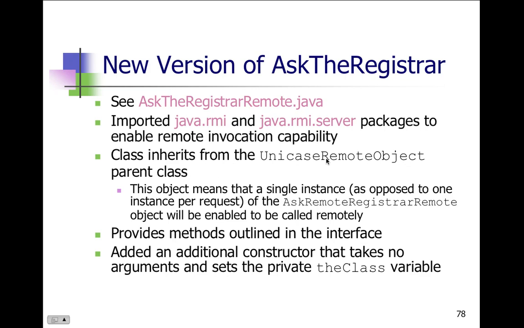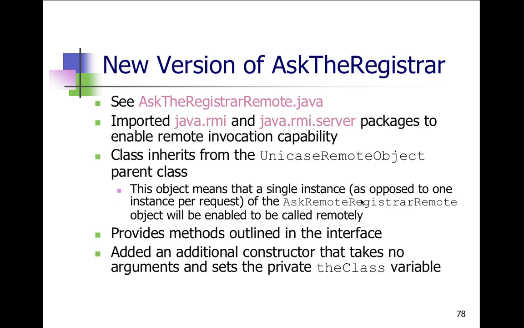So we're no longer inheriting from the regular class. The unicast remote object means that there's a single instance as opposed to an instance per request. The only thing different is that you can only make one instance of this object. It's impossible to make multiple instances of it. Regular objects, you can make as many instances as you want.